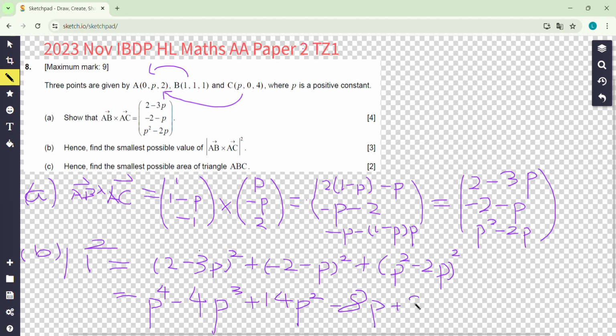After doing this simplification, it is easier to plug into the calculator, and then the calculator can help to find out the minimum value of this square, and then you work it out.